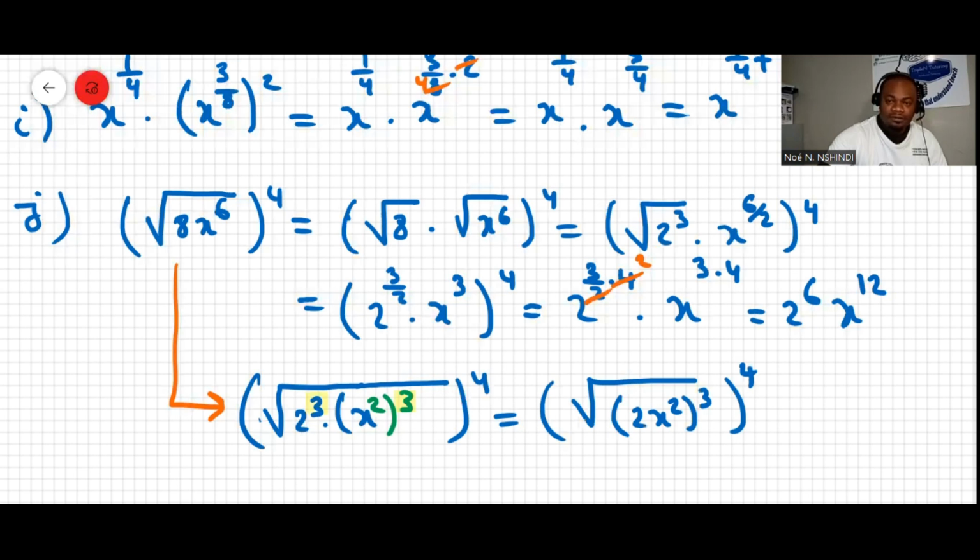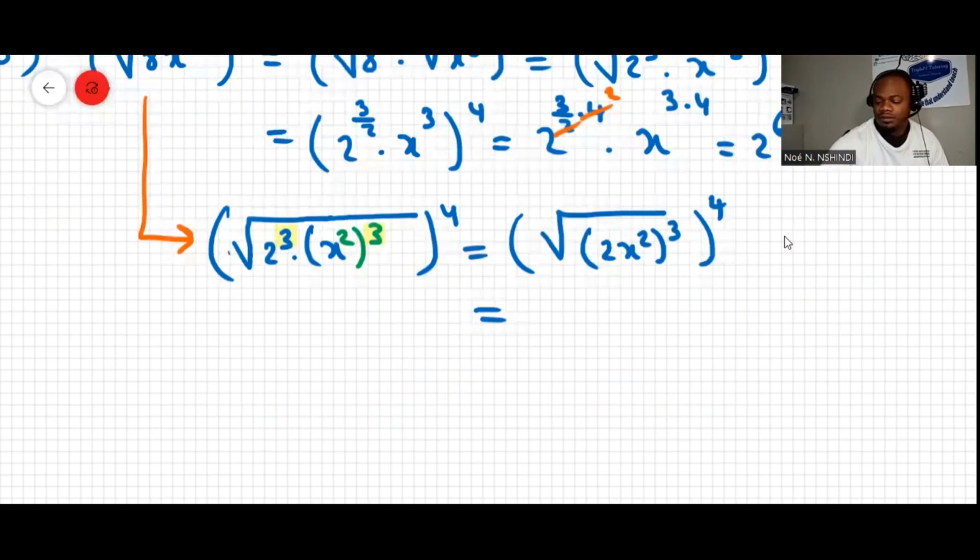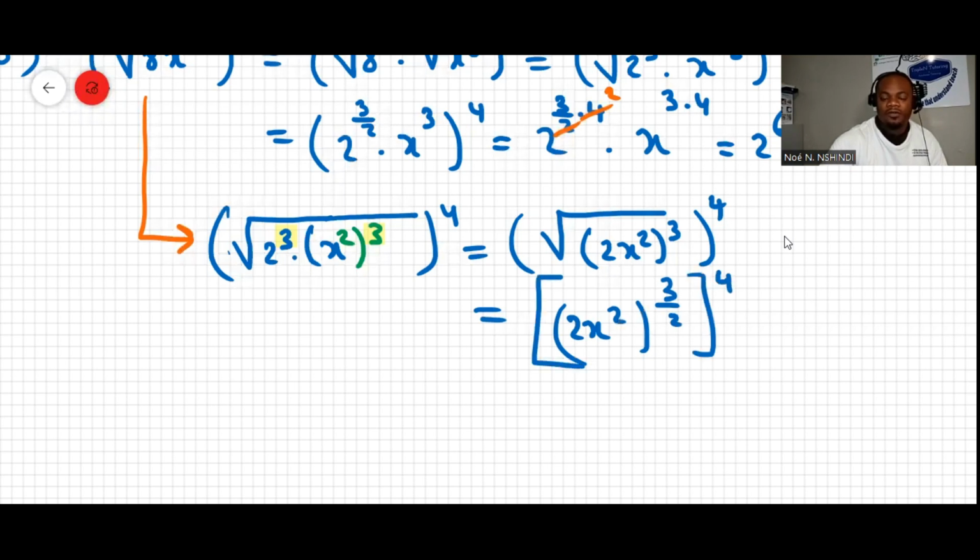Now, even the power of 4, and then this one will be like 2x squared to the power of 3/2 multiplied by all to the power of 4.